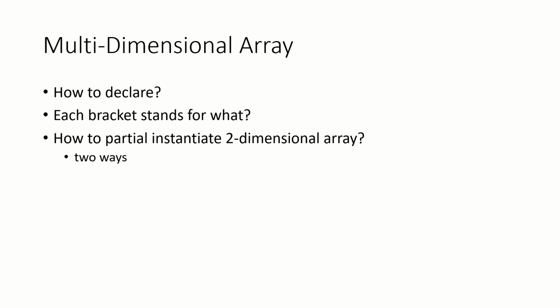What's another way you can declare a partial two-dimensional array?